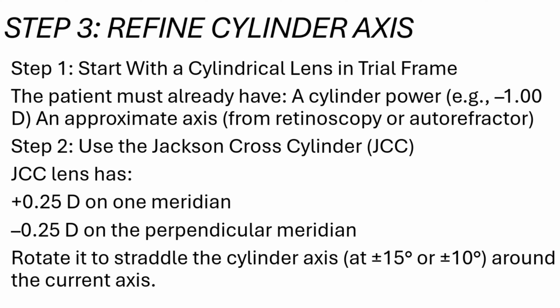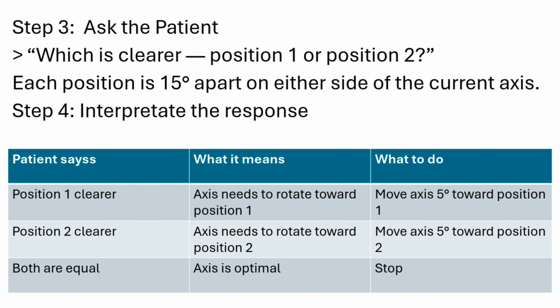Use the JCC. In the JCC, there are two meridians. One meridian has plus and the other meridian has minus power. Then rotate it to straddle the cylinder axis, at 15 or 10 degrees around the current axis. Then ask the patient which is clearer, position 1 or position 2. Each position is 15 degrees apart on either side of the current axis.